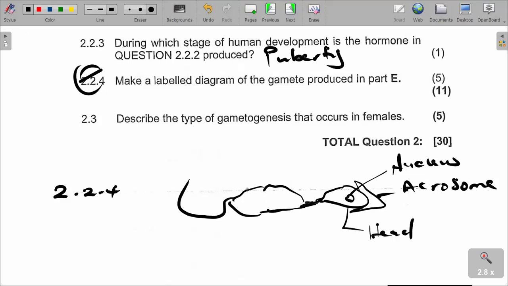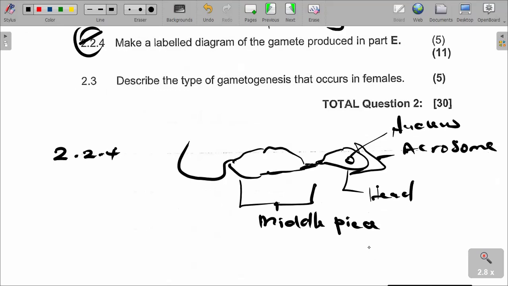We have got the middle piece. The middle piece, I'm sure you know that it contains the mitochondria. We have got the tail.